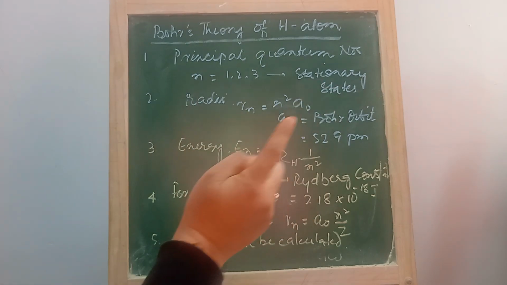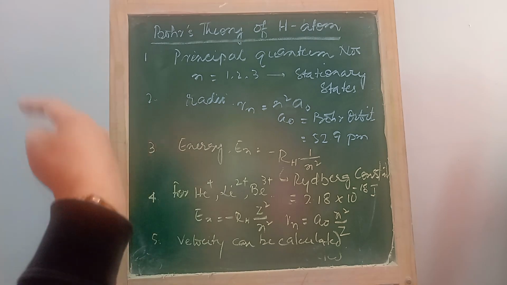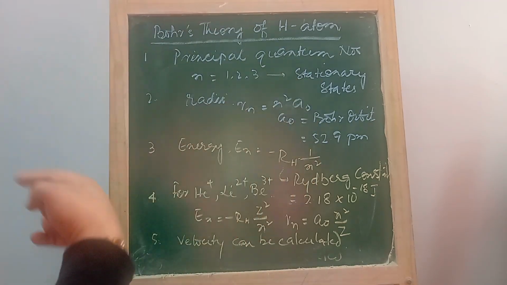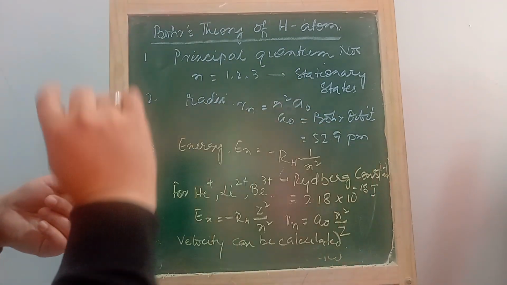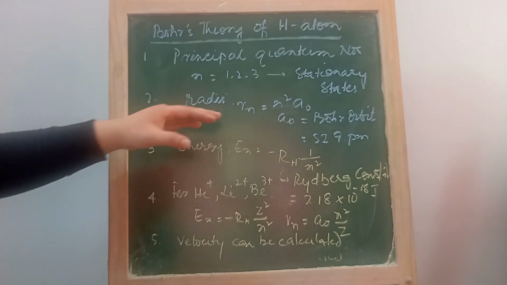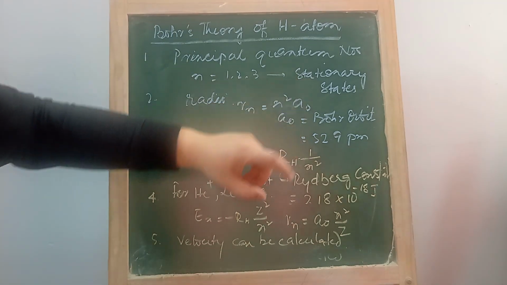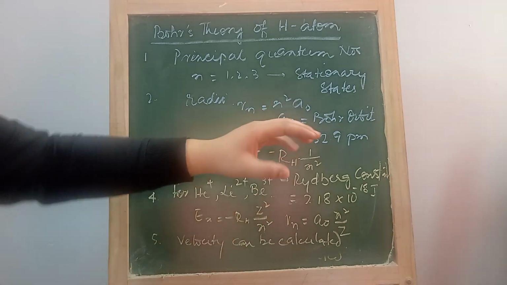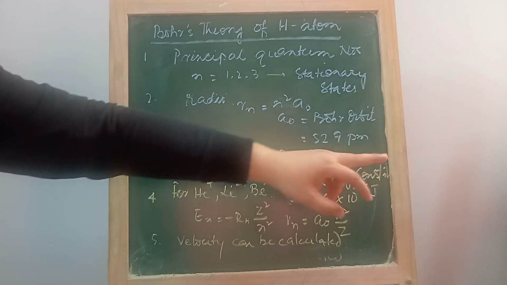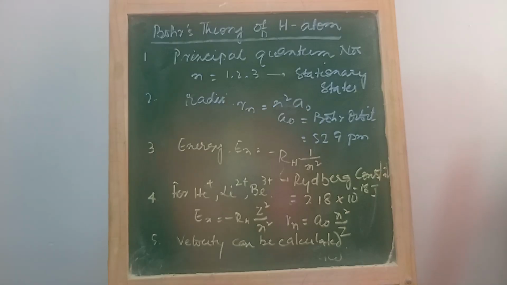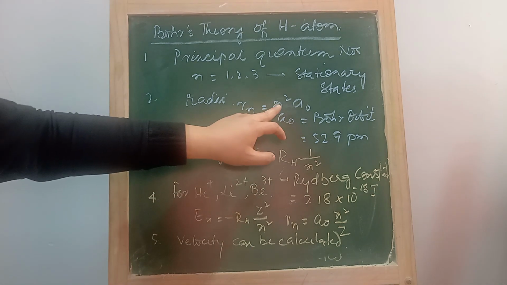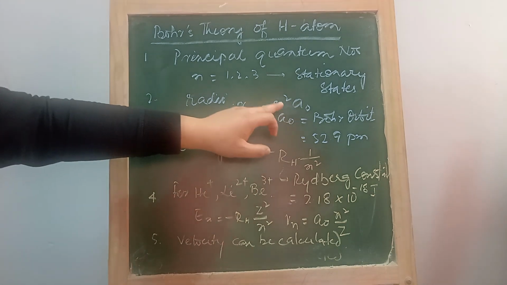Now, while they are in stationary states, they will be moving in orbits, a fixed path around the nucleus. Since it is a circular path, its radius is given by n square multiplied by a naught. a naught is a constant called the Bohr radius, and it has a value of 52.9 picometer. Pico is 10 to the power minus 12. So this is the value, and the radius will depend on the square of n.